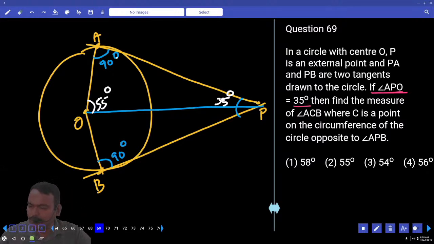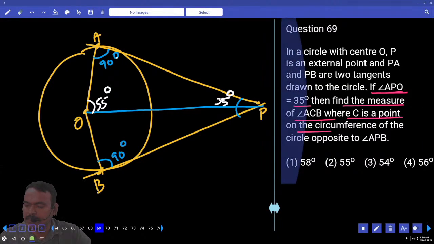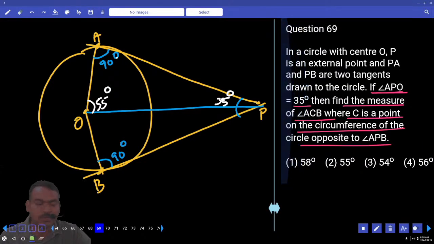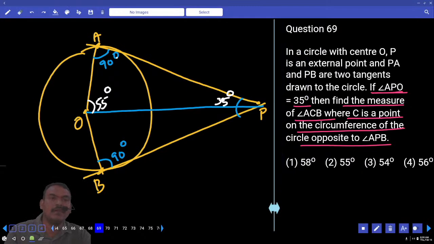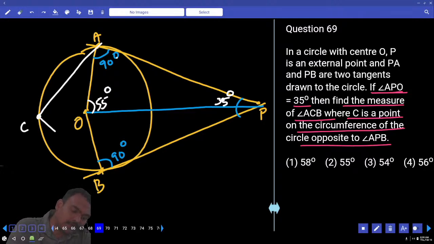And what is the question here? Find the measure of angle ACB, where C is a point on the circumference of the circle opposite to angle APB. Opposite to points A and B is point C. We write AC and CB. We require the angle C value.